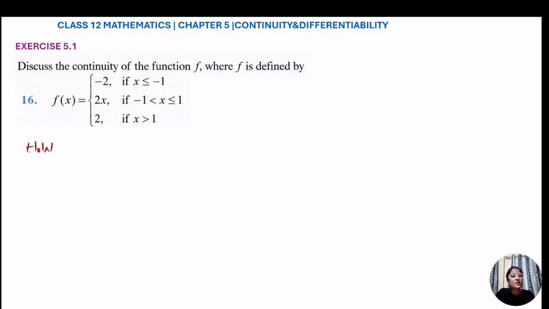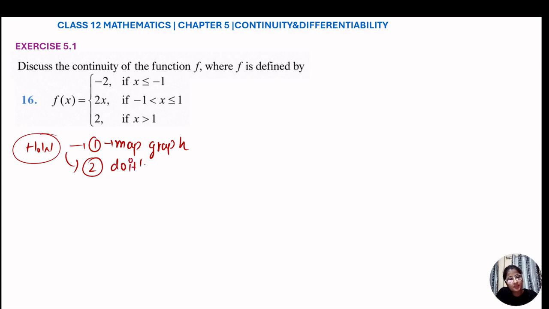So your homework is to first make the graph, and second, do its theory part. Nothing hard. I have just done the whole thing for you in questions 14 and 15.